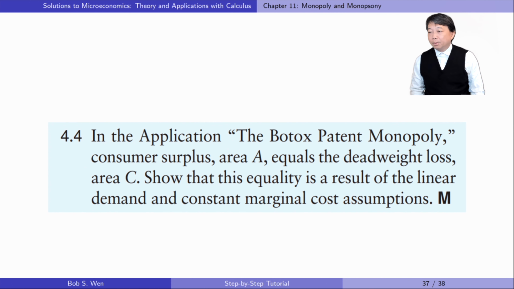Let's see exercise 4.4. In the application, the Botox patent monopoly, consumer surplus area A equals the deadweight loss area C. Show that this equality is a result of the linear demand and constant marginal cost assumptions.